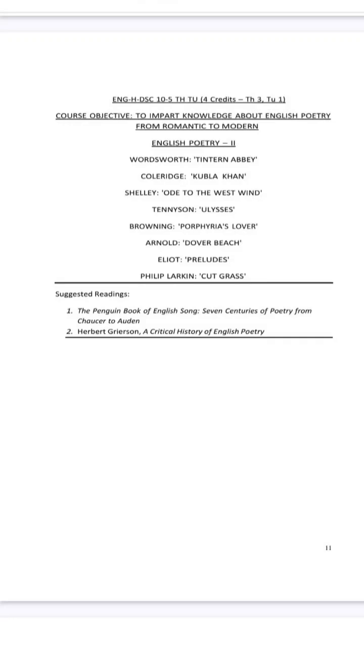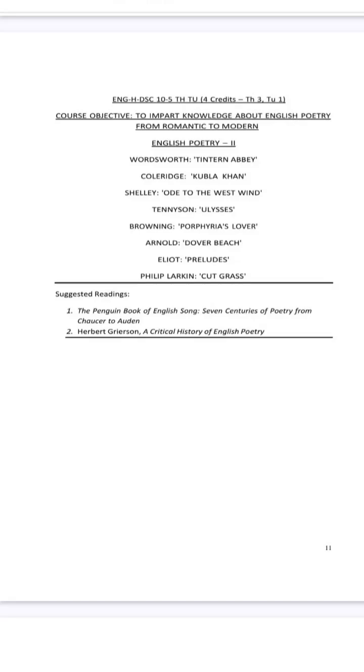Then we have Alfred Lord Tennyson's Ulysses, with themes of restlessness, old age, adventure, and the Victorian spirit of perseverance. Ulysses becomes a metaphor for Victorian England, always moving forward, never looking back.